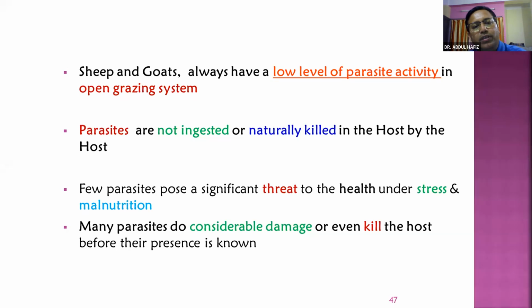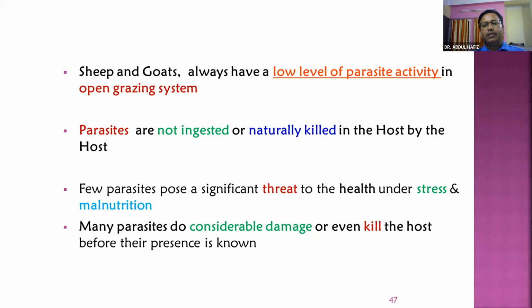Sheep and goats always have a low level of parasite activity in open grazing systems. Generally, sheep and goats are used to open grazing systems, and there is always a low parasitic load. Parasites are not ingested or naturally killed in the host by the host. Few parasites pose a significant threat to health except under stress or malnutrition.